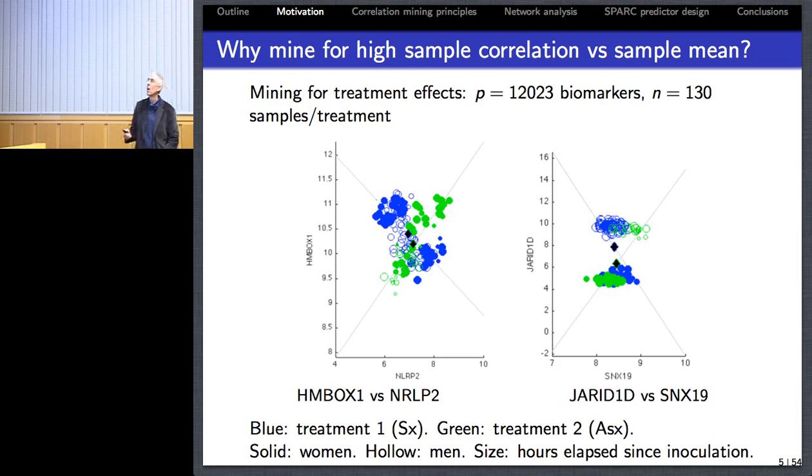So you see that separation through, again, this type of correlation difference. All right, so I hope this motivates why we're interested in correlation. We're also, of course, interested in the mean, but for the purpose of this talk, I'm not going to be talking much about the mean difference. I'm going to be focusing on these correlations that we're going to try to extract.